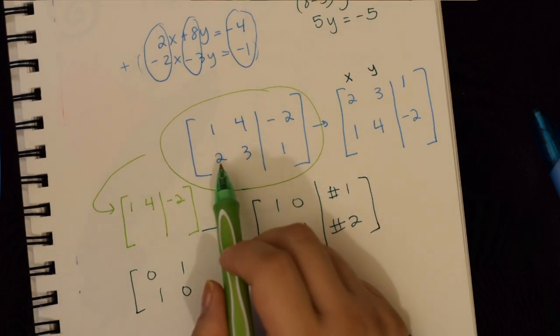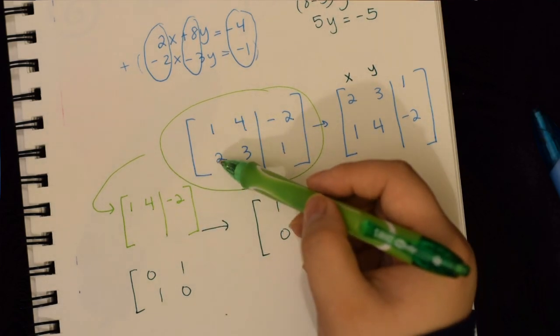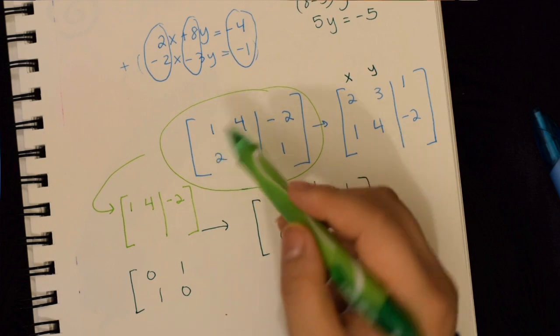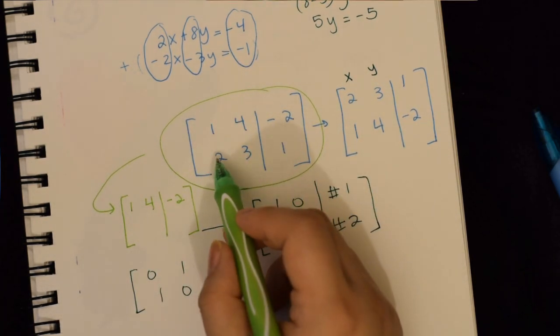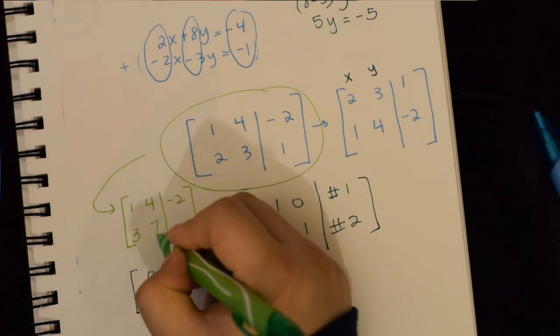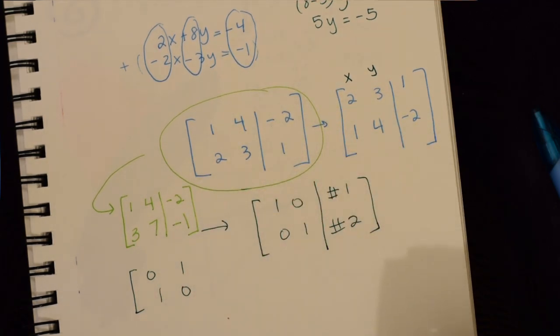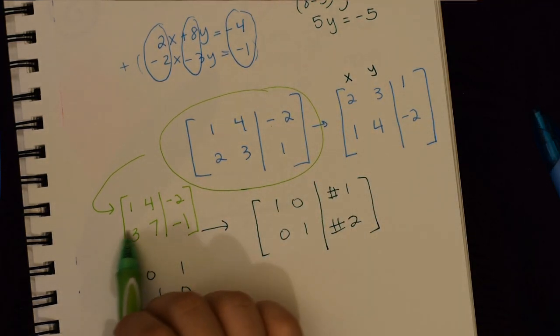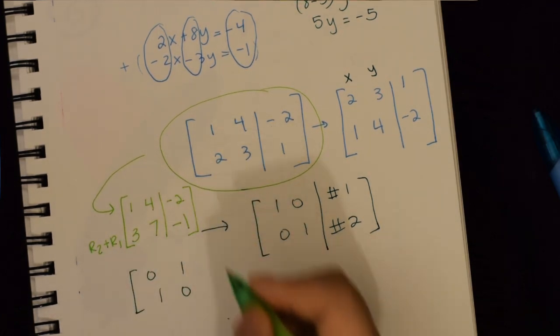And then in this case, it's not going to be helpful, but I can do everything in this row added to that row. So 2 plus 1 is 3, 3 plus 4 is 7, 1 plus -2 is -1. And so this would basically be row 2 plus row 1.